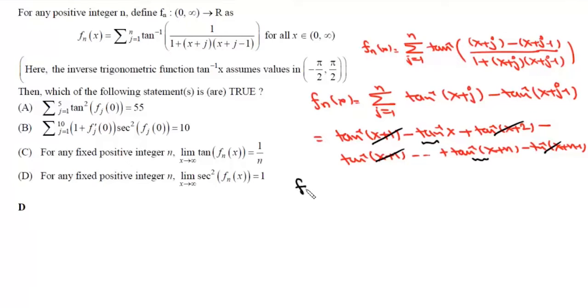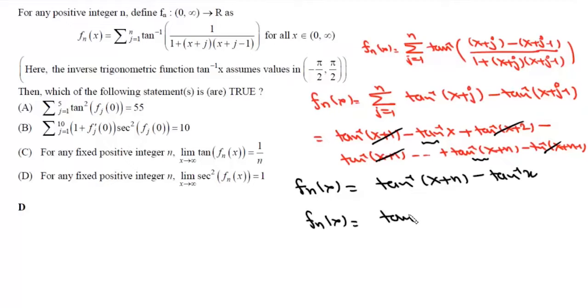So this f(x) will actually be tan inverse (x + n) minus tan inverse x, which we can also write as f(x) equals tan inverse of n upon 1 plus x square plus nx.